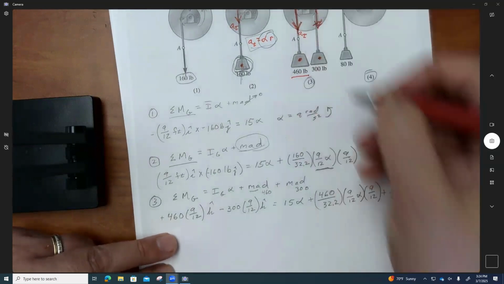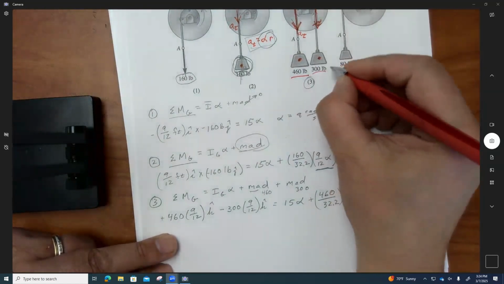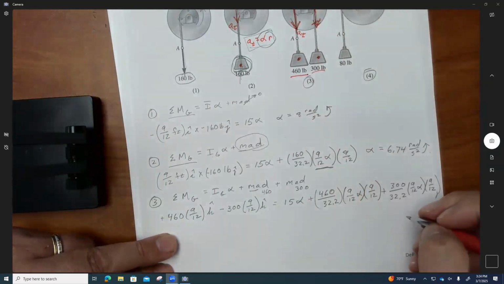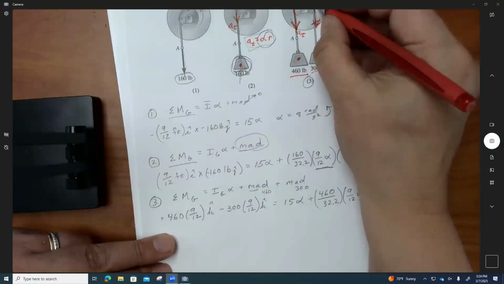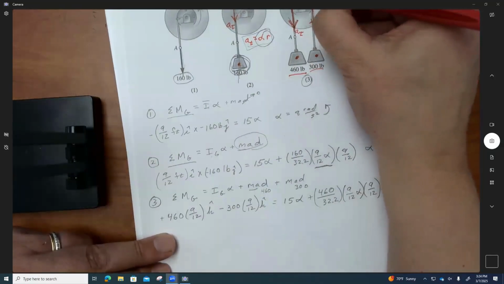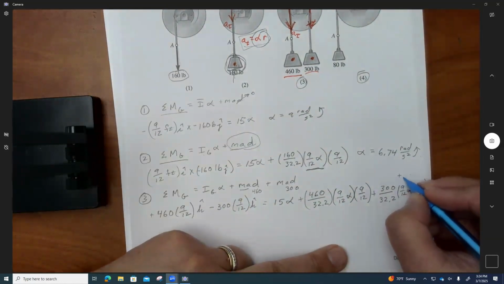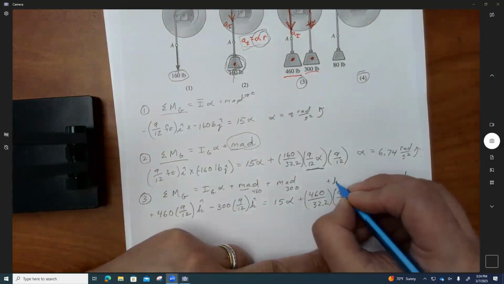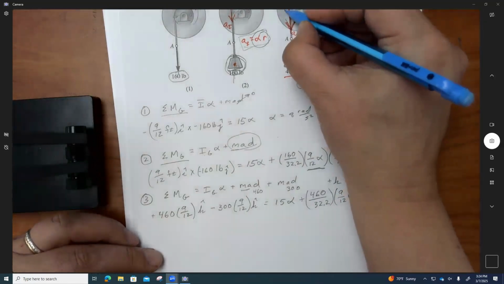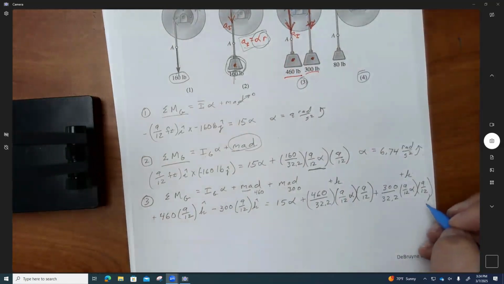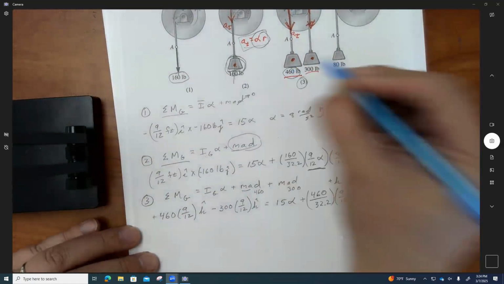Otherwise, if they were balanced, they wouldn't move, but we're in dynamics, and so they are moving, and the 300 is going to be moving up. So that means our R cross our alpha, or our force, is going to be another plus K component, because both of these are going to have to be going in the counterclockwise direction, and the 460 is going to win.